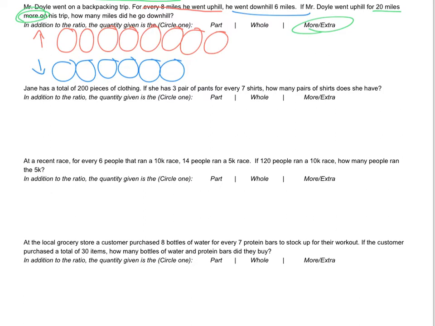But the part of the diagram that demonstrates the more are these extra two at the end. So those two pieces are the 20 miles. So it's 20 divided by 2, which is 10. Both of these would have to be 10 in order for them together to be 20. So everything's 10.